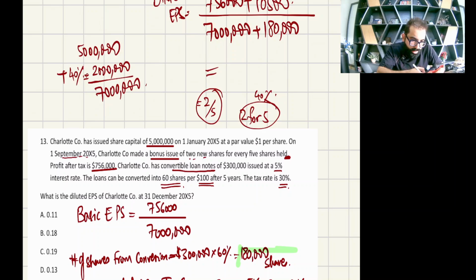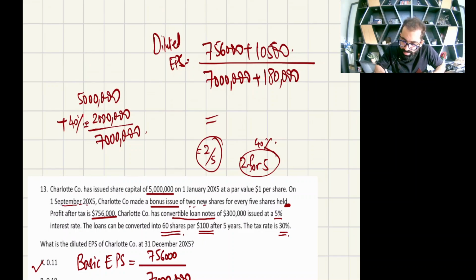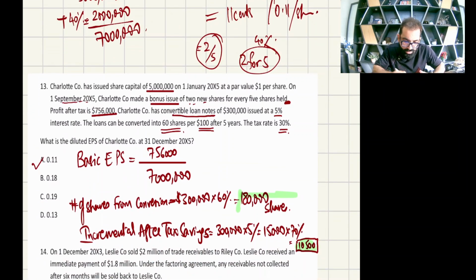It's going to be 11 cents, which is 0.11, 11 cents per share. Okay, so this is the answer.